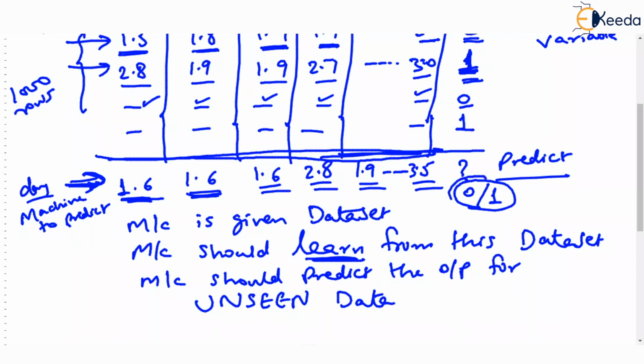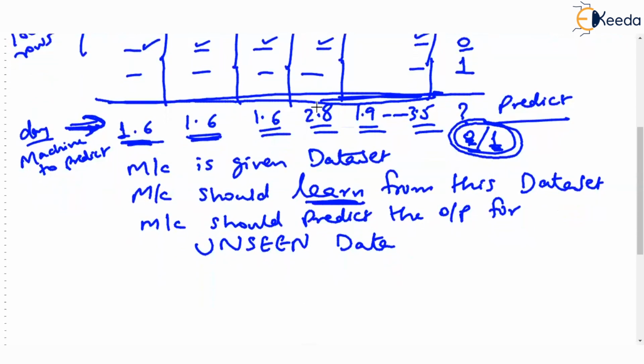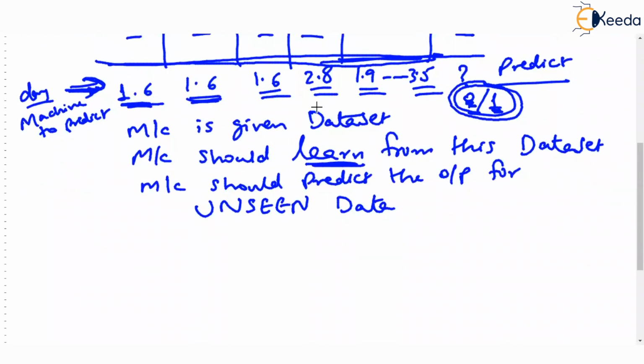This prediction, whether the output belongs to class 0 or class 1, because the output belongs only to two classes, 0 or 1, is known as classification.